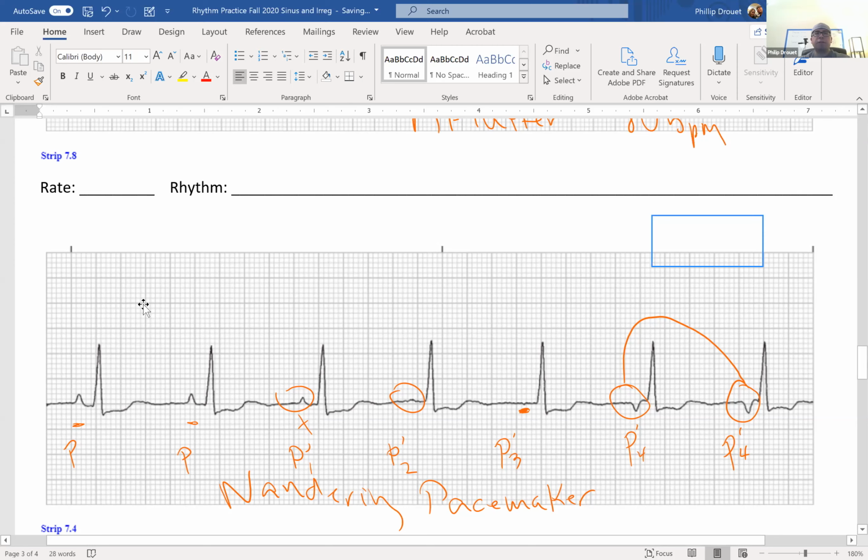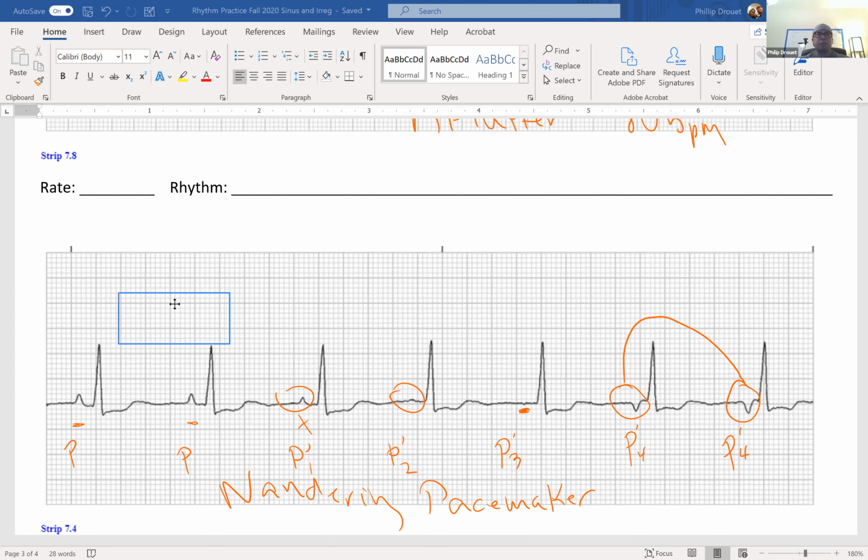Okay, now the debate is this. Wandering pacemaker is an irregular rhythm, and irregular rhythms should use the 6-second method. Okay, that is very true. However, the only thing that's different in this instance is the spacing between your QRS complexes is regular. And the reason we're checking for regularity is to help delineate, well, what should I be looking for in what types of rhythms, right?